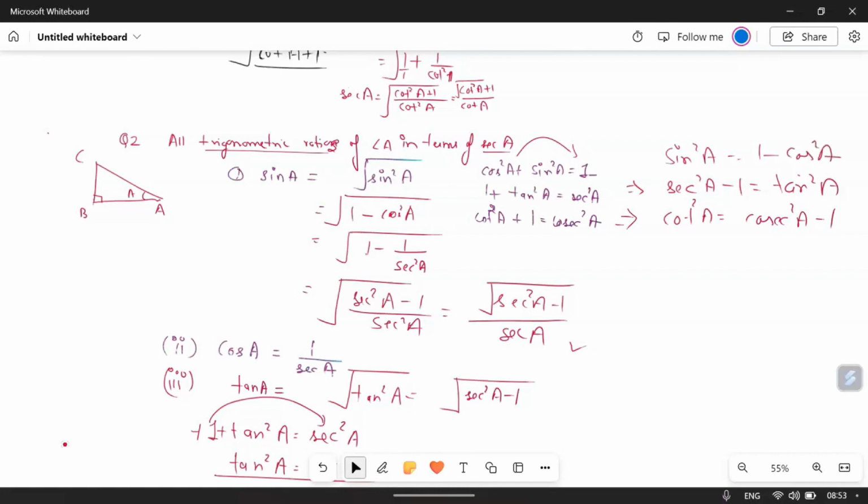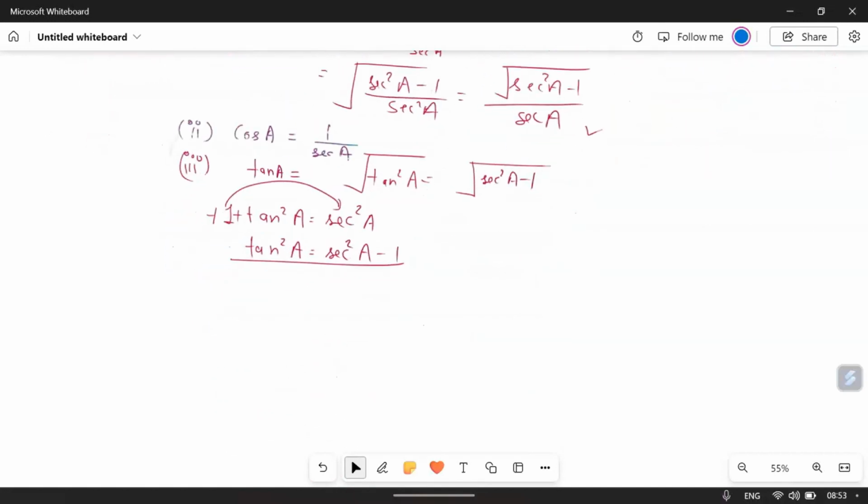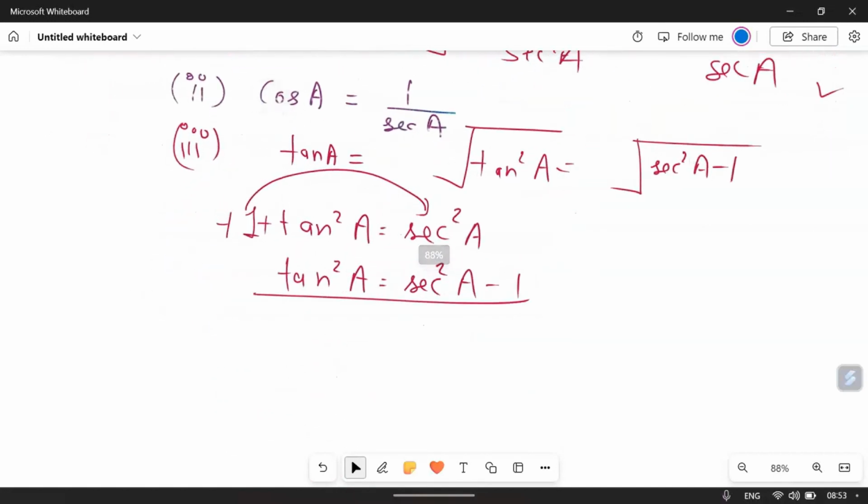So we can note that down also. Now let's go to the question. So here it is sec square A minus 1 under root, that will be your answer.